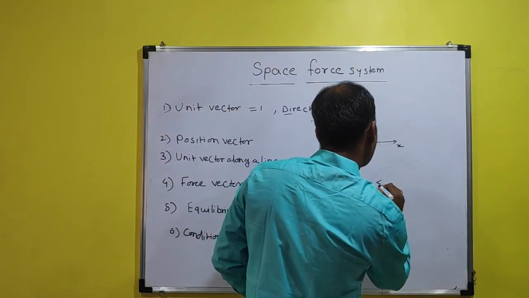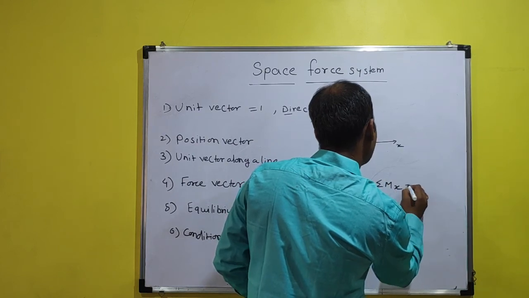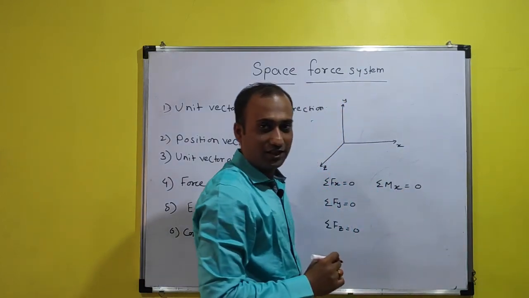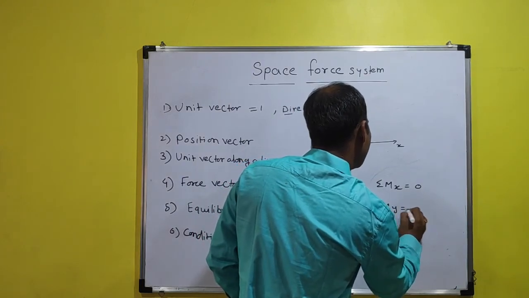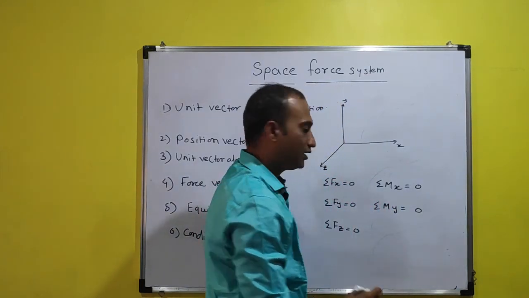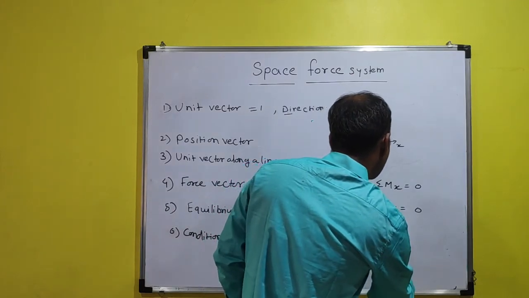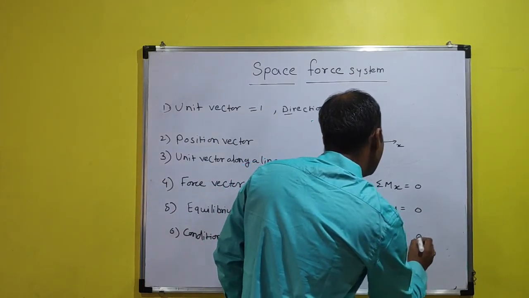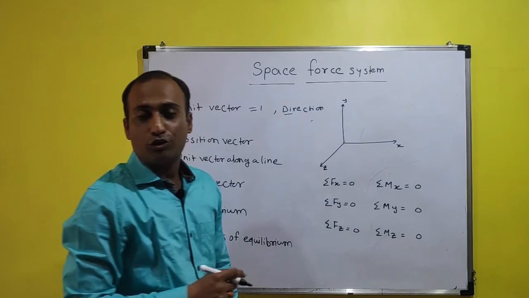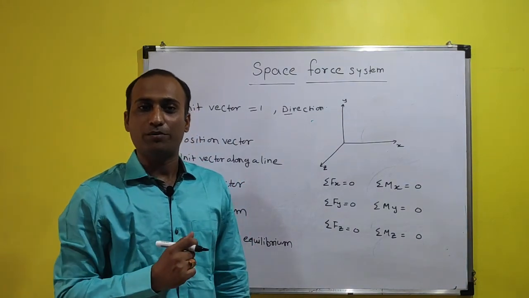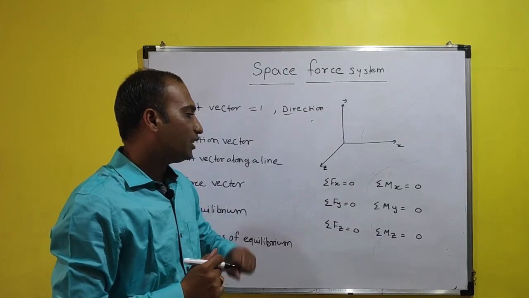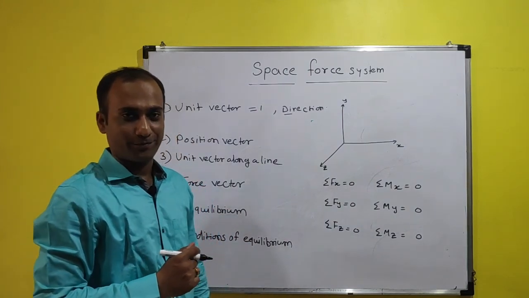So the other conditions: summation of moment about the x-axis is equal to 0, summation of moments about the y-axis is equal to 0, and summation of moments about the z-axis is equal to 0. So in total 6 equilibrium equations that we can use in the space force system.